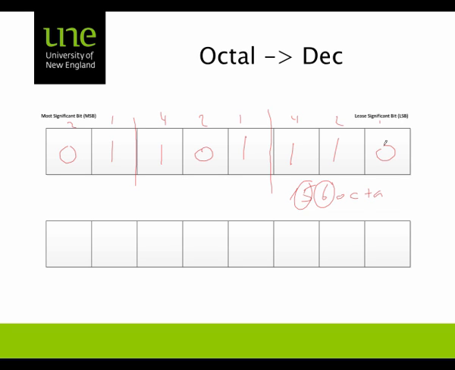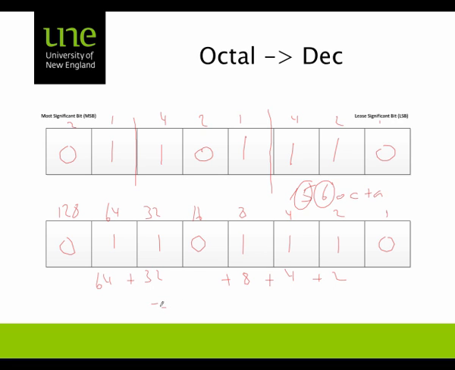Now, what's this representation in decimal? It's 1, 2, 4, 8, 16, 32, 64, 128. So let's write this number out again. We have 64 plus 32 plus 8 plus 4 plus 2.